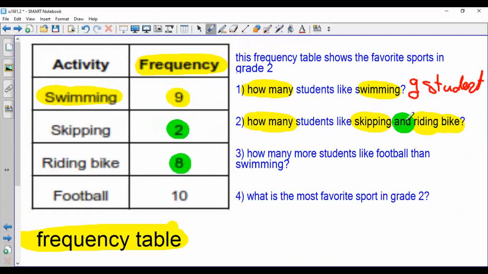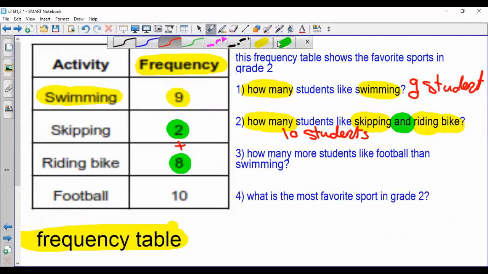There is a word here, and. This means I should add these frequencies together. So 2 plus 8 equals 10. This means 10 children chose skipping and riding a bike as their favorite sport. So 10 students like skipping and riding a bike.